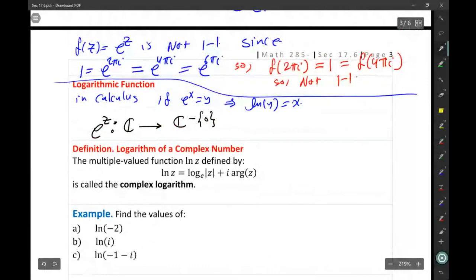Now the logarithm in complex is the reverse, or the inverse, of the exponential. I mean, ln of z in complex numbers becomes now from complex numbers except 0 to the complex numbers.